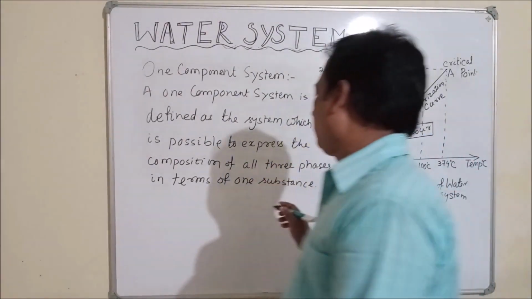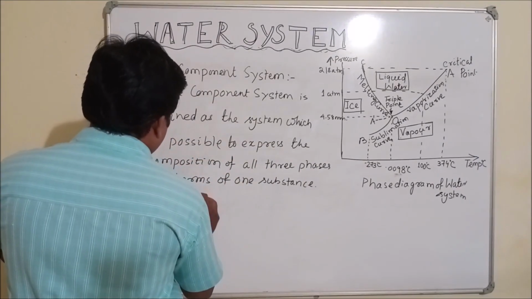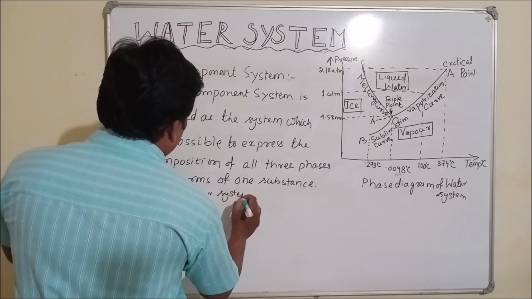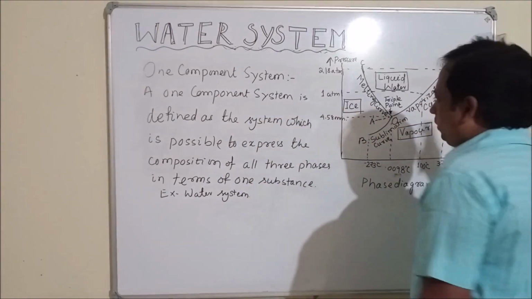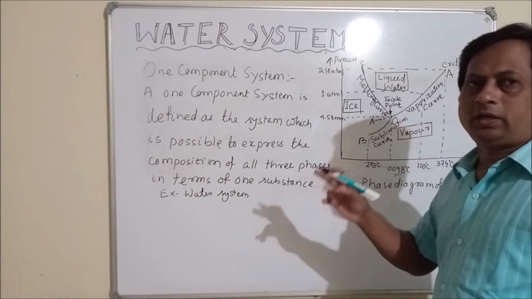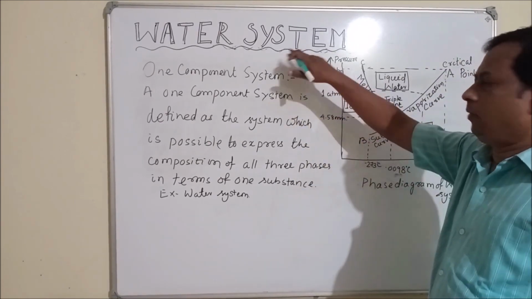For example, you can take the water system. In the water system, it is possible to describe the composition of all the phases by only one component, that is water. Okay. Now we will study the water system.